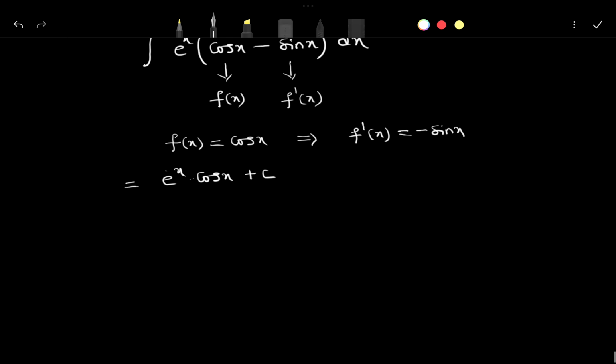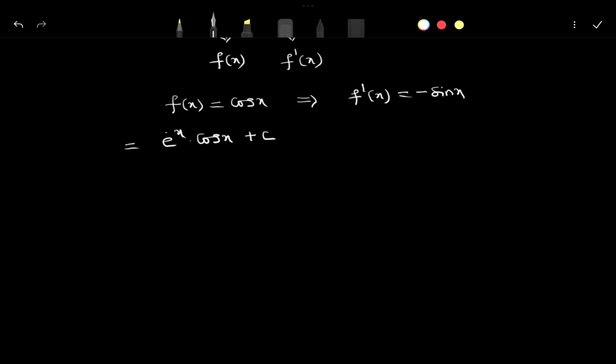Now the next question will be another model. It is also a very important question. Question number 5.